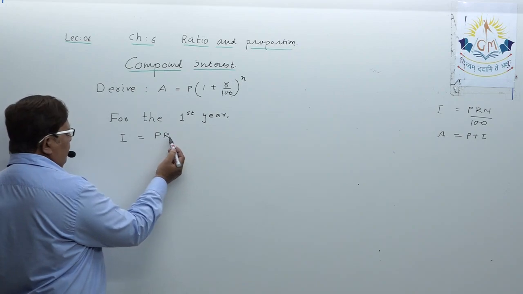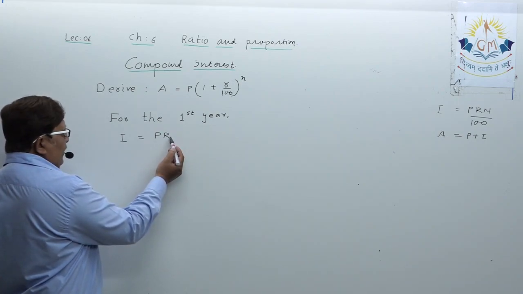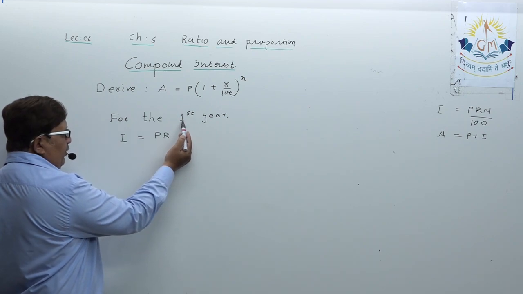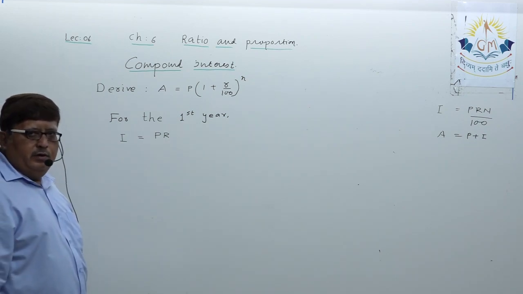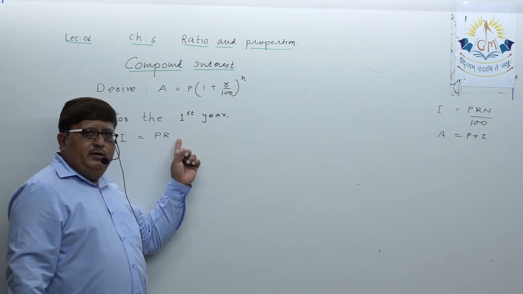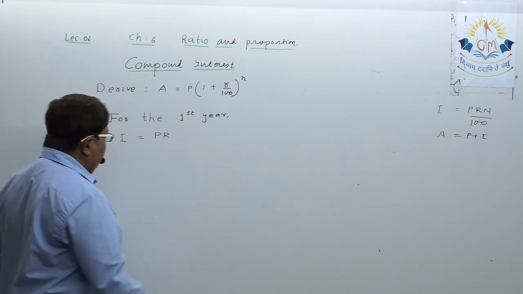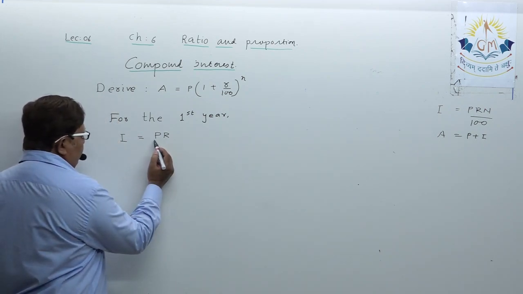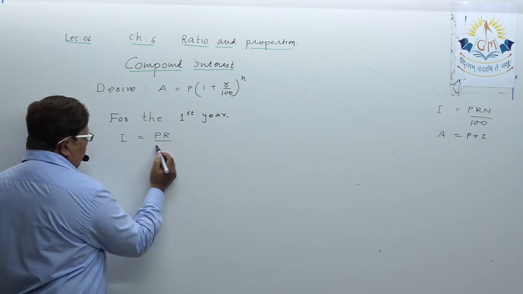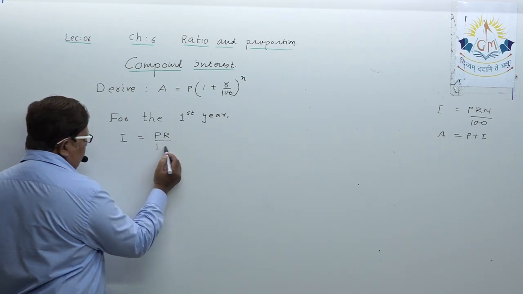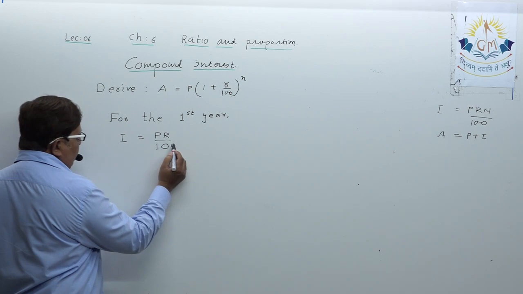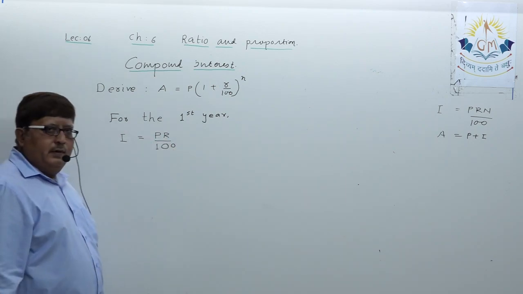In place of n, I am not writing anything because n is 1, because every year we are going to count. So I just don't put 1 here. So what is the interest we got? PR upon 100.